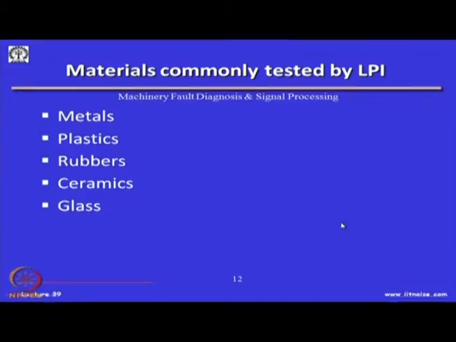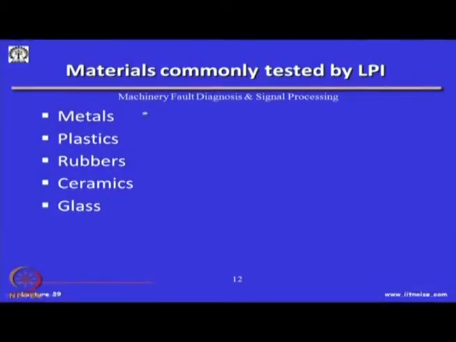Okay. Some of the materials which are commonly tested by LPI, unlike eddy current, where it has to be a conductive material, or ultrasonics, where it could be any material. Materials commonly tested by liquid penetrant inspection are any kind of metals, plastics, rubber, ceramics, glass.